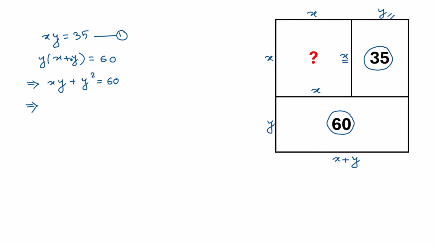Or the value of xy is 35. So substituting this xy, we can write 35 plus y square is equal to, right side is 60. Or taking this 35 to the right side, we will have y square is equal to 60 minus 35.